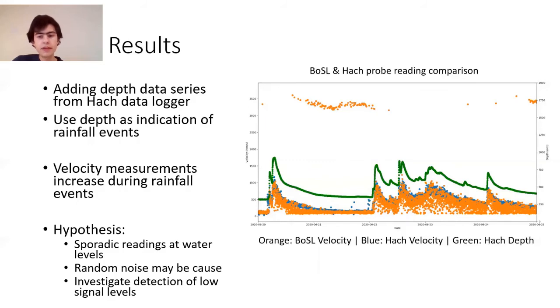Now, this may cause random noise effects, which are very small when the water level is high, to become much more prominent, and they might randomly cause the peak of the FFT of the velocity spectrum to be at the 3.5 meter per second mark. So we may need to investigate the detection of low signal levels to distinguish between when the sensor sporadically reads at this level and when the water velocity actually is traveling that fast.